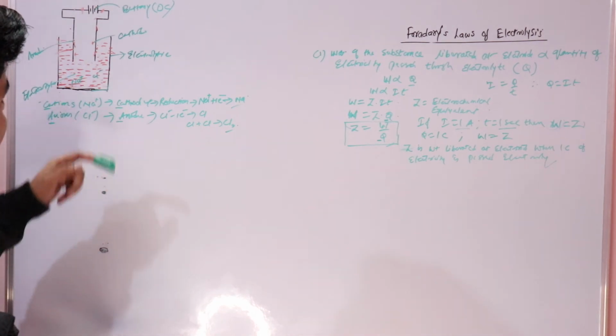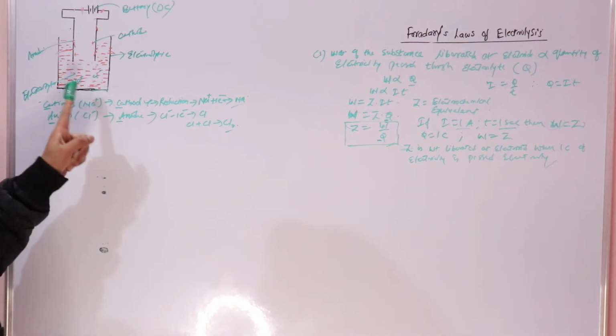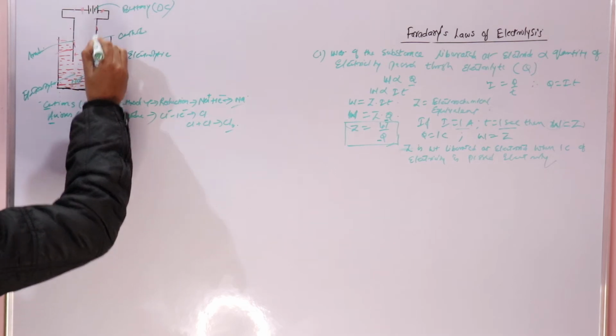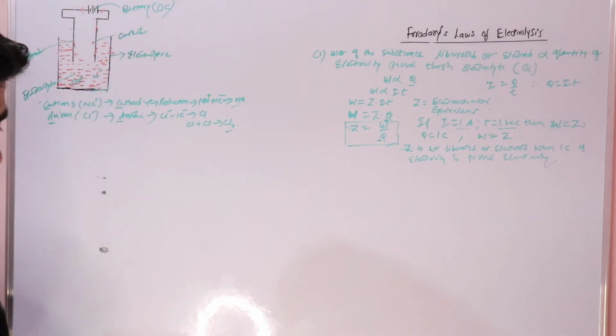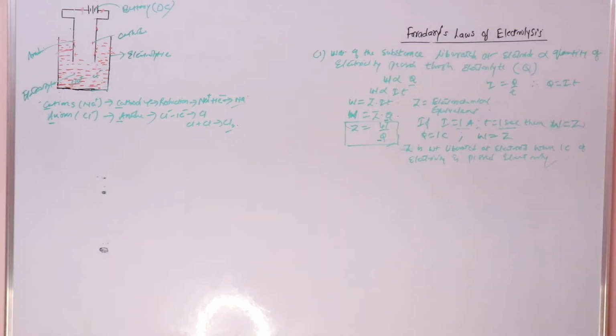Suppose I pass 96,500 coulombs of electricity through this electrolyte, then the weight of the substance that I get at electrode would be equal to its gram equivalent weight. And what is the gram equivalent weight of sodium? It is 23 grams.